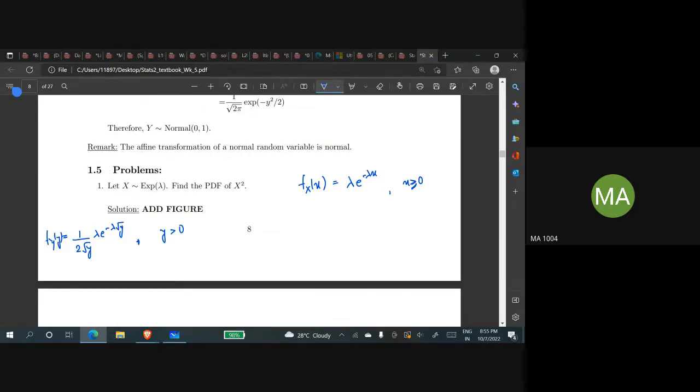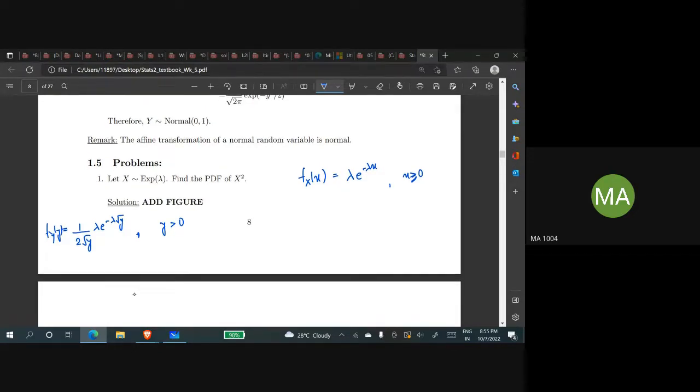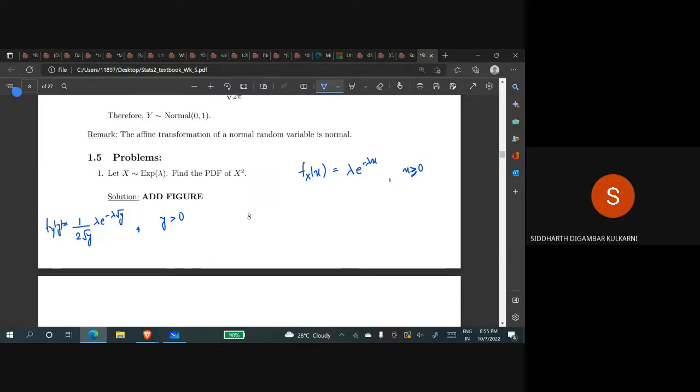I'm not sure, I'm just trying. Yeah, you can try. 1 by lambda. So you're getting f y of y to be 1 by lambda, e to the power minus lambda y minus e to the power lambda y, whole into lambda.